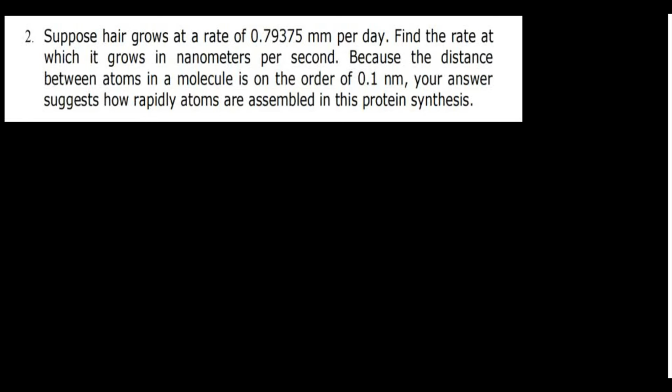So here is our question 2. Question 2 is saying, suppose a hair grows at a rate of 0.79375 millimeters per day. Find the rate at which it grows in nanometers per second, because the distance between atoms in a molecule is on the order of 0.1 nanometer.